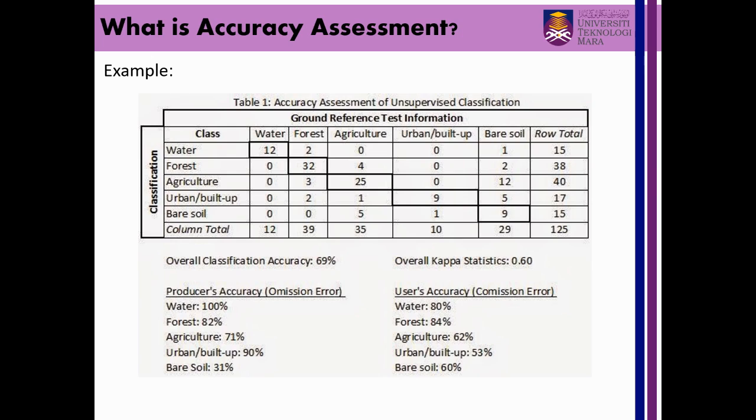These three types of accuracy will be calculated based on the error matrix as shown in Table 1. The data will be mapped based on the comparison of ground reference test information, which is the sample points from the reference image or ground truth data, with the classified image. A detailed explanation will be provided during your lecture.